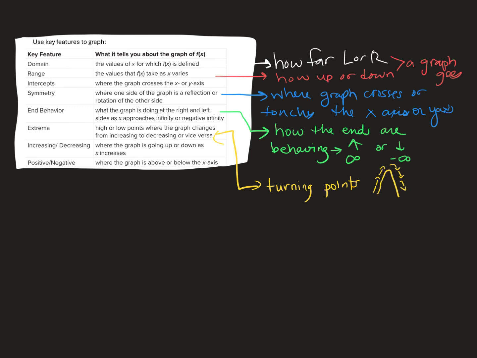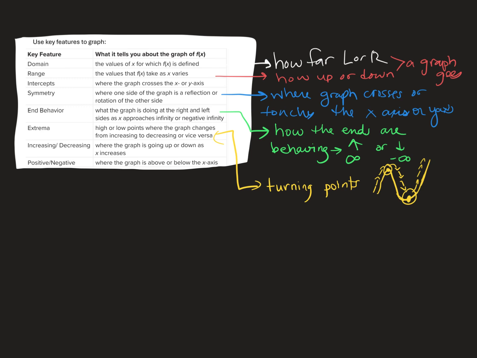That graph, this would be considered an extrema. And then if your graph continues, then it would be decreasing on the left and then increasing back up on the right. These are your extrema or your turning points where that graph is changing direction.